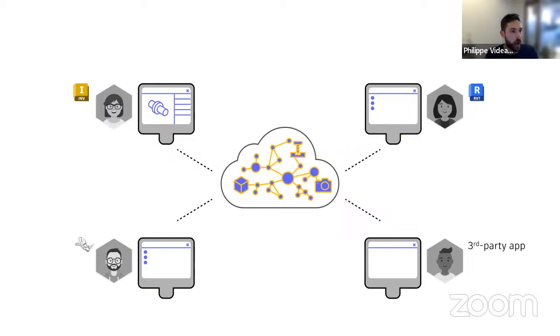Whether these be Autodesk tools or third-party or other applications that you might use, we want to enable you to curate the way you share data across those tools. And you'll see this later on when Tobias goes through the Power Automate workflow. This includes design applications like Revit and Rhino, but also business process applications.